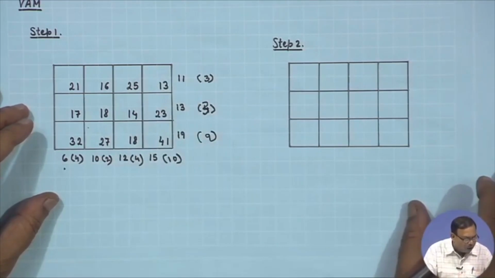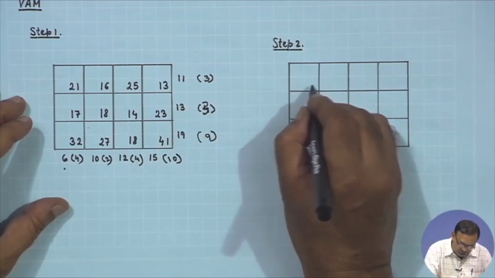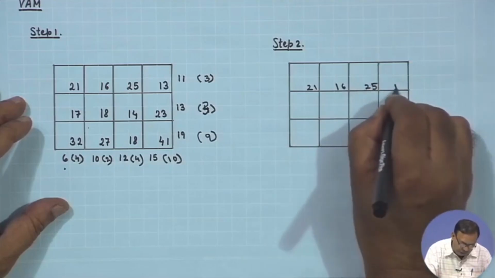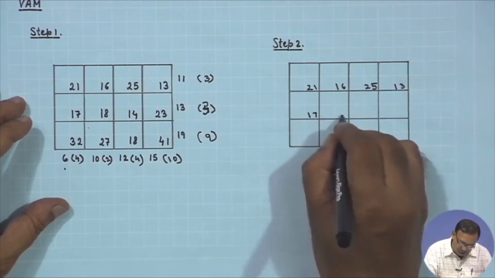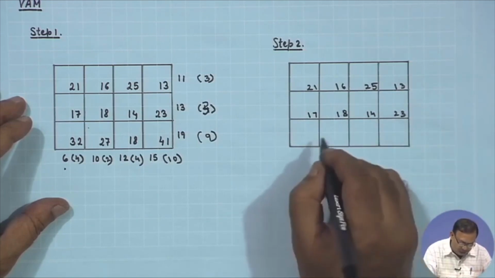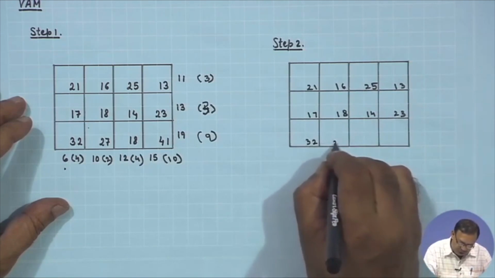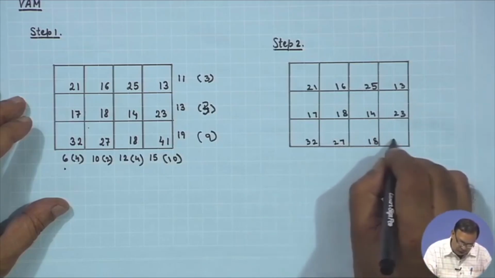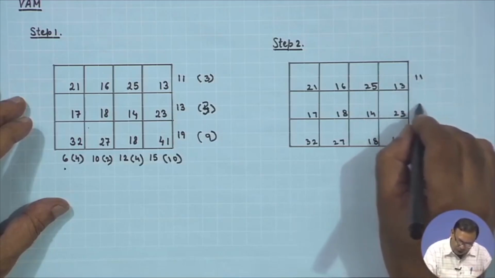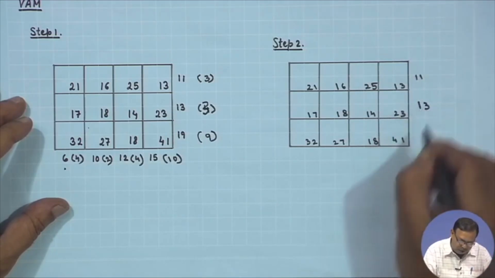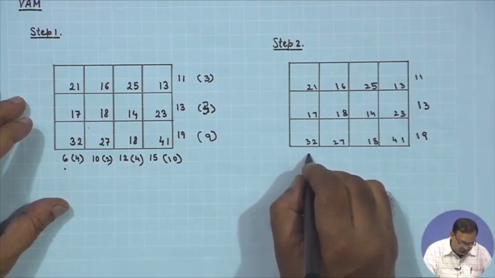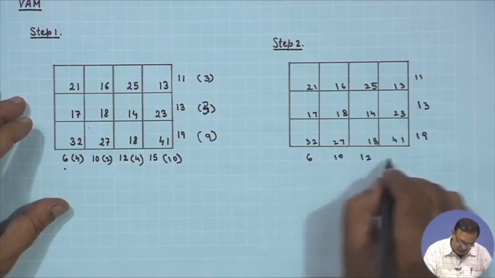I am writing the table again: 21, 16, 25 and 13; the next row 17, 18, 14 and 23; your third row is 32, 27, 18 and 41. The availabilities are 11, 13, 9 respectively, and the demands are 6, 10, 12 and 15.